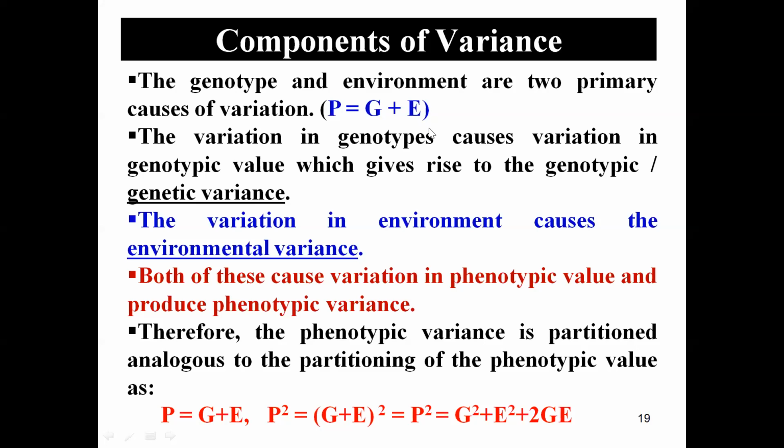Again, P square is equal to G square plus E square plus 2GE. This 2GE may be taken as interaction between genotype and environment. It may be covariance between genotype and environmental deviation.